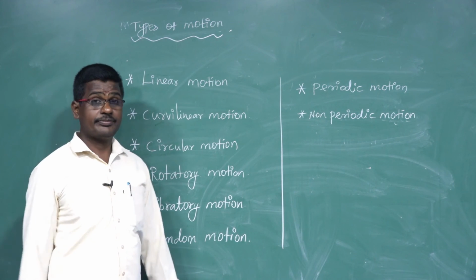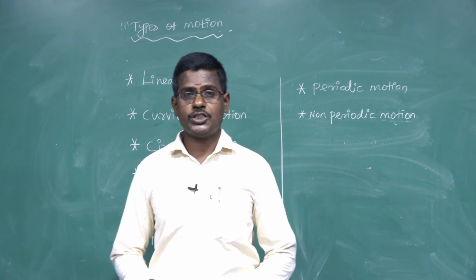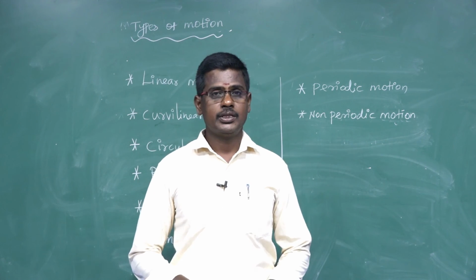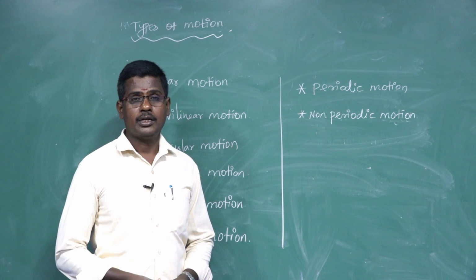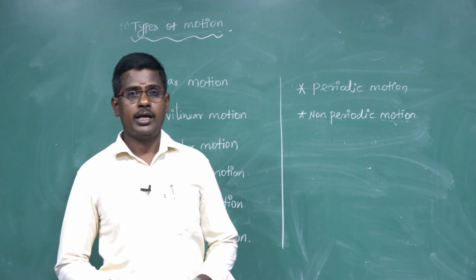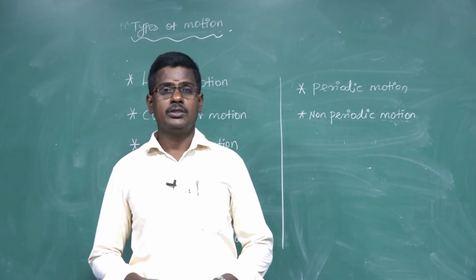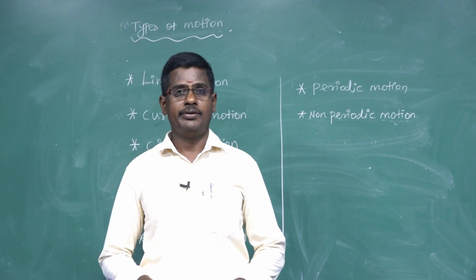Vibratory motion: a body coming back to the same position after a fixed interval of time is called vibratory motion. Example: a pendulum, swing, tuning fork, etc. for oscillatory or vibratory motion.